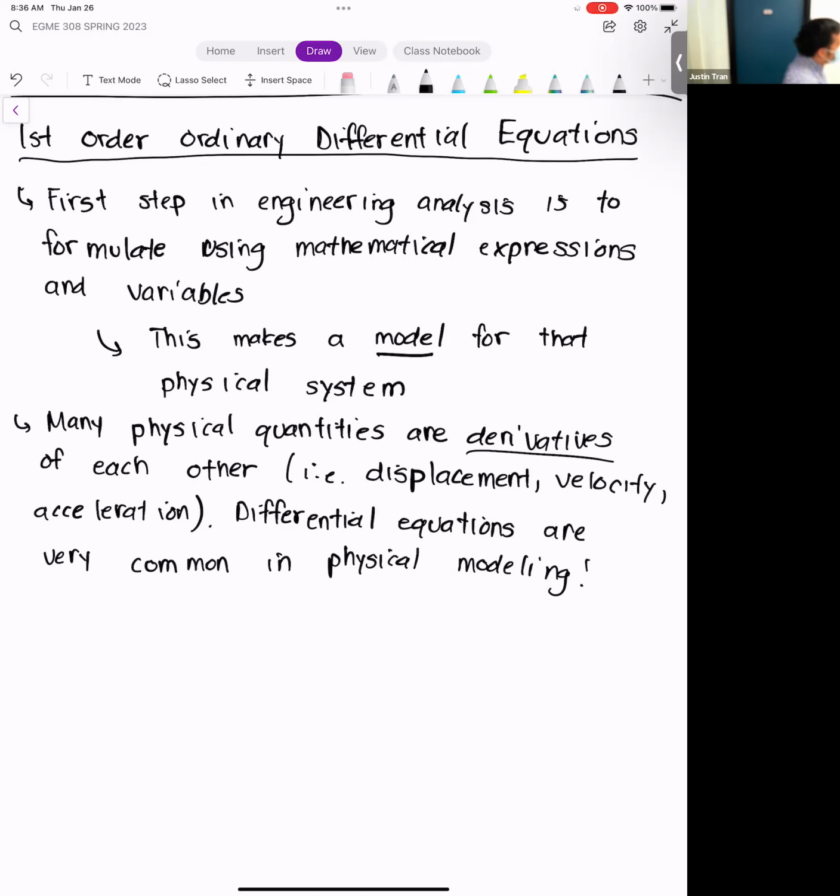You can't really escape it. No matter which branch of engineering you go into, there's at least one, if not dozens of differential equations that describe its behavior. So there's really no getting away.